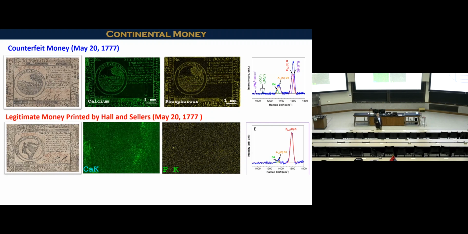They pyrolyzed bones, and because bones have calcium and phosphorus, even though it's black ink and contains lots of carbon, it's still black. But you could see calcium and phosphorus on X-ray fluorescence spectra. So this was one way that we can determine the counterfeit money.